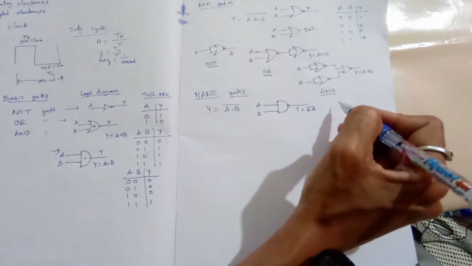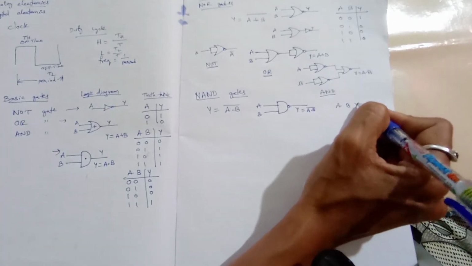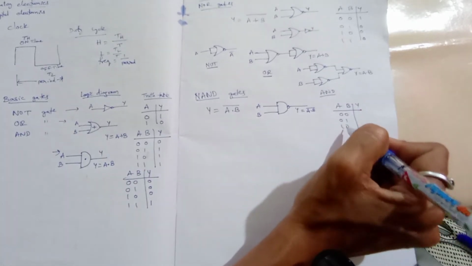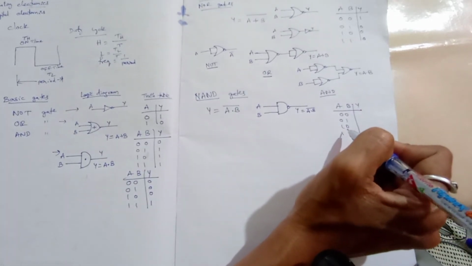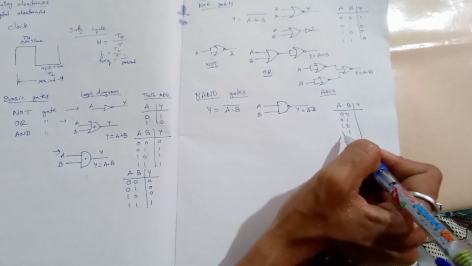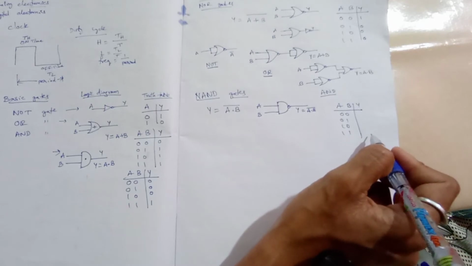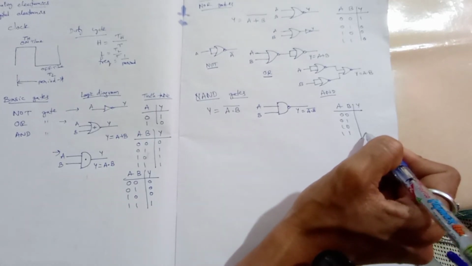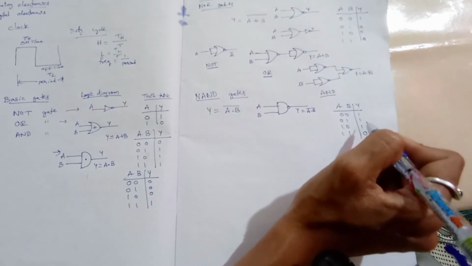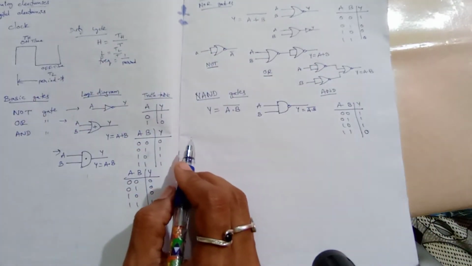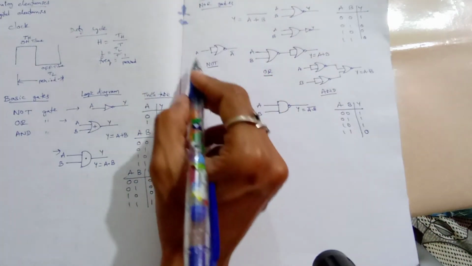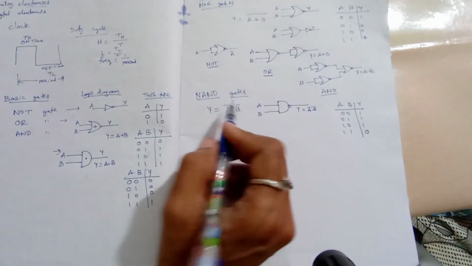Now we'll see the truth table. A, B, Y. 0, 0, 0, 1, 1, 0, 1, 1. For AND gate, if both the inputs are high, output will be high. The reverse case is NAND. So this becomes 0, and for all other cases the value will be high, 1. And you can check the universality like this using the NAND gate.